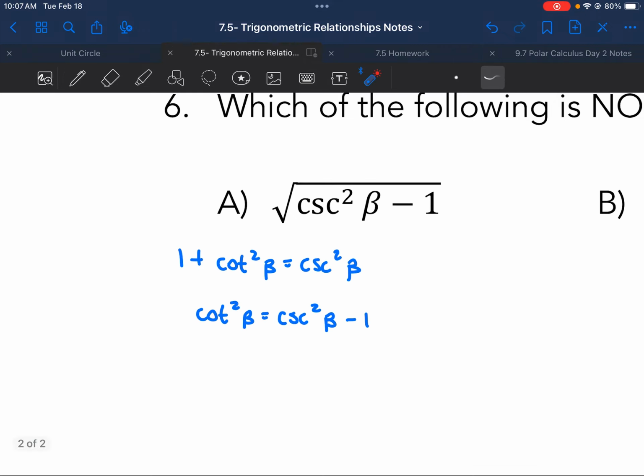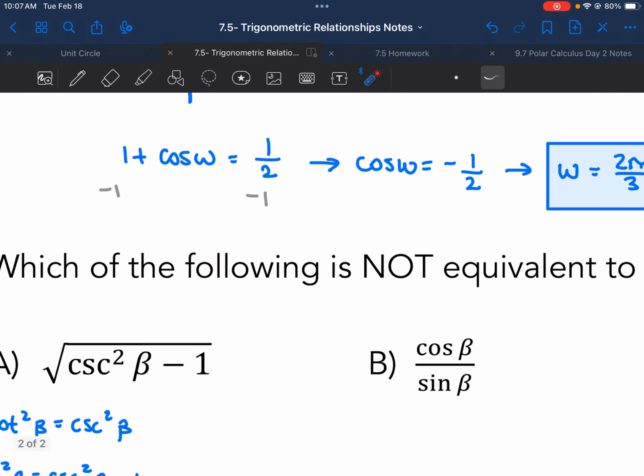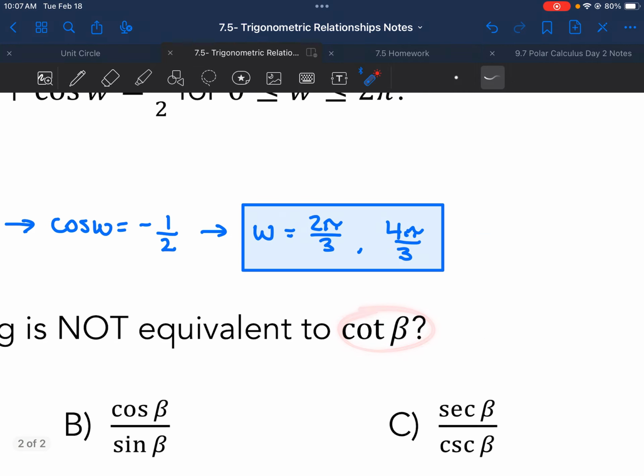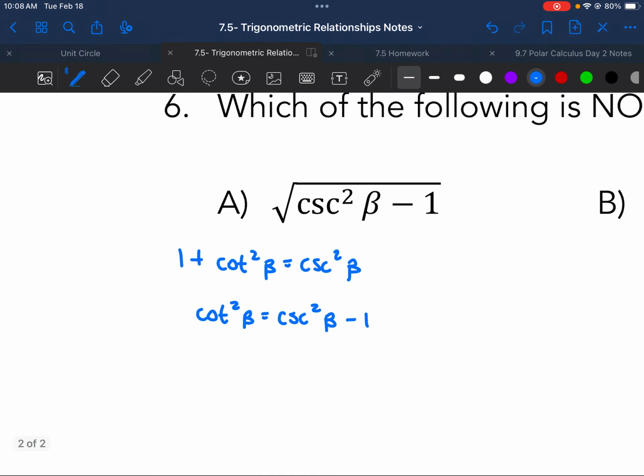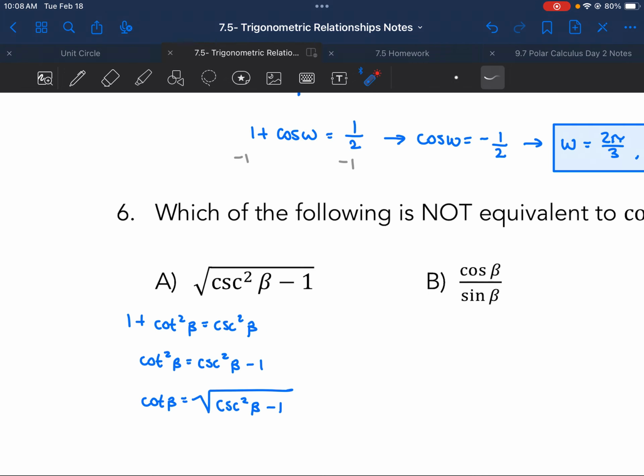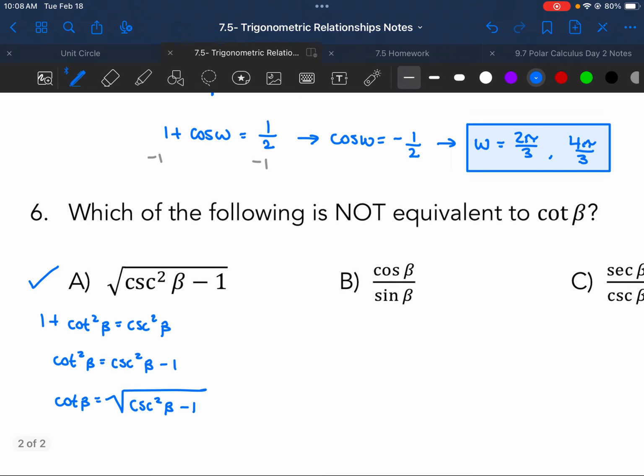Then take the square root of both sides because we're trying to get cotangent of beta. If you take the square root of the left side, you get cotangent of beta. And then we have the square root of cosecant squared of beta minus 1. So the square root of cosecant squared of beta minus 1 is equal to cotangent of beta. This one is good.